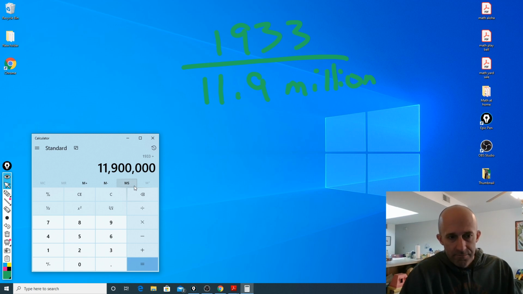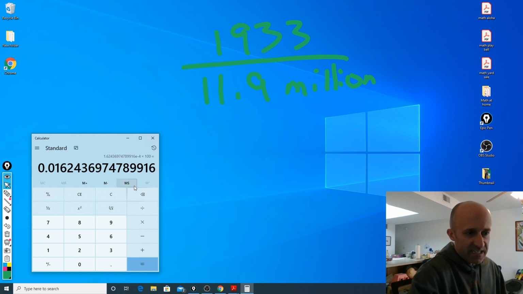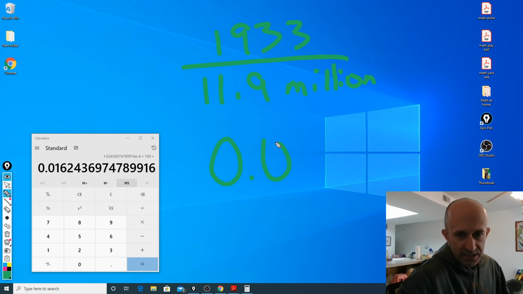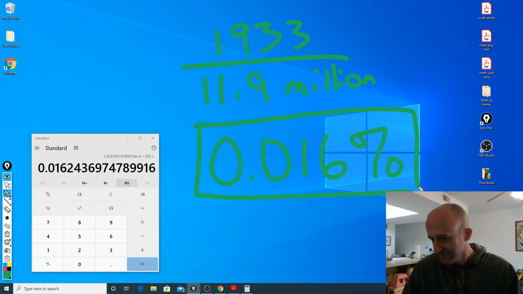11.9 million means 11,900,000 people. When you do that, you get this infinitesimal number, multiplied by 100, and it's going to tell you that out of the state of Ohio, 0.016% of the population tested positive.